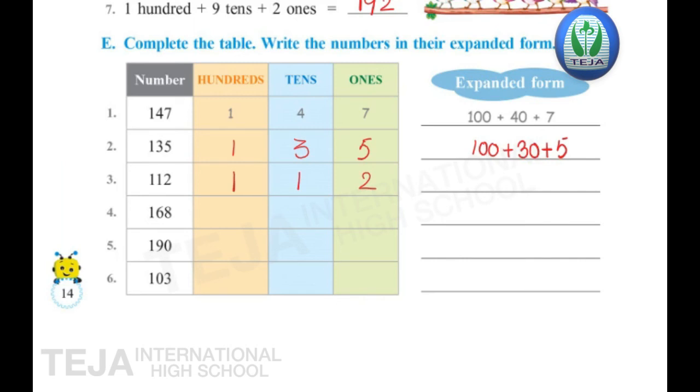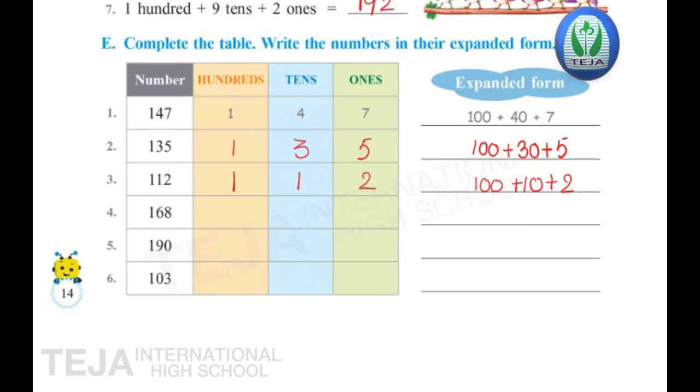The expanded form of 112 is, as 1 is in hundreds place, so the value will be 100. Plus next 1 is in tens place, so the value is 10. And 2 is in ones place, so the value will be 2. The expanded form of 112 is 100 plus 10 plus 2.